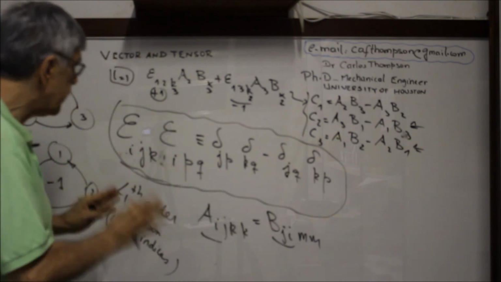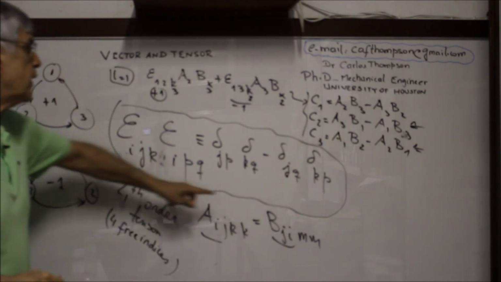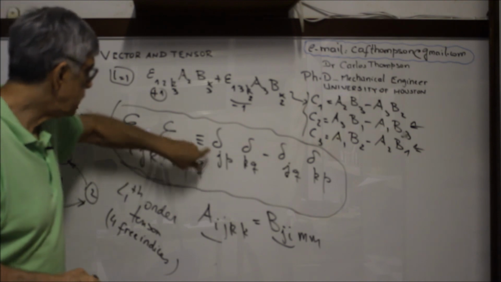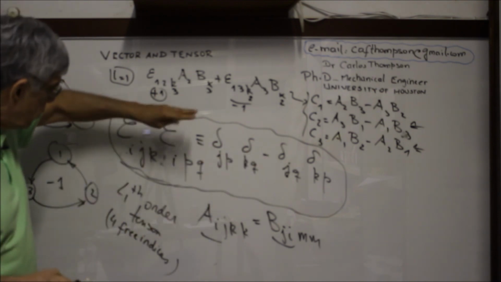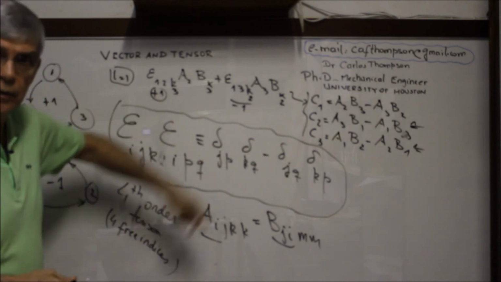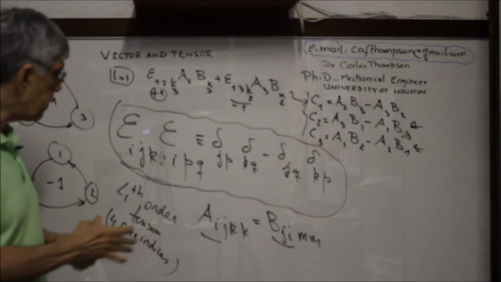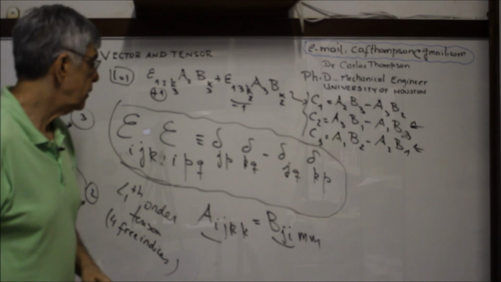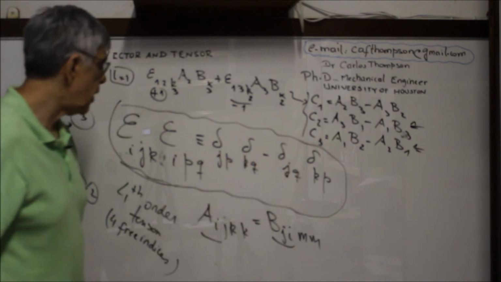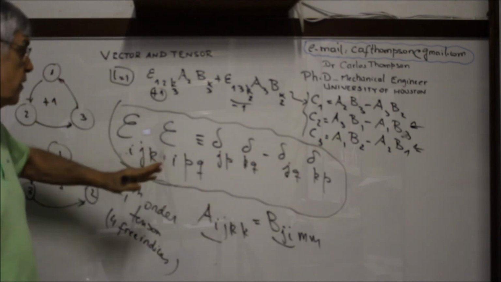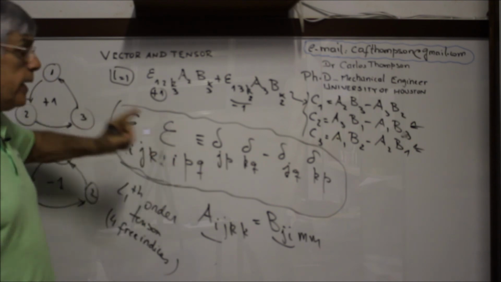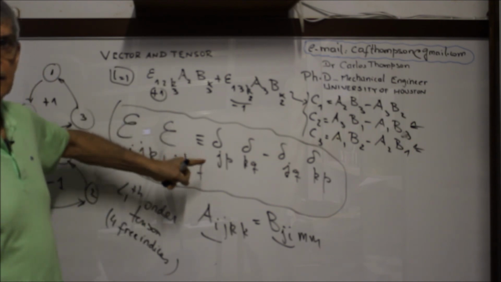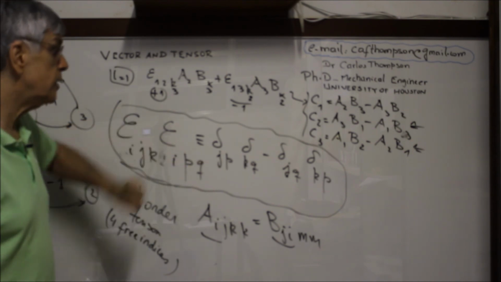Don't forget this, please. You can check this identity, just play with P, Q, J, and K. You see that the left-hand side is identical to the right-hand side. Don't forget this, a very important property, and we'll be using this a lot.